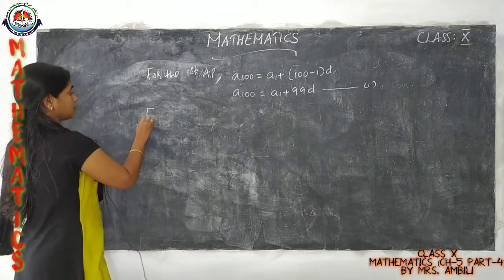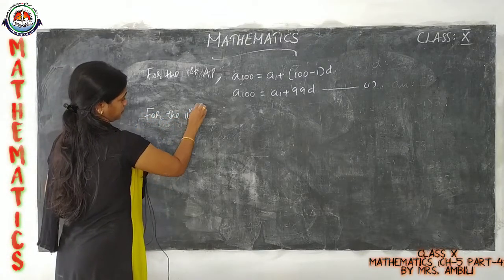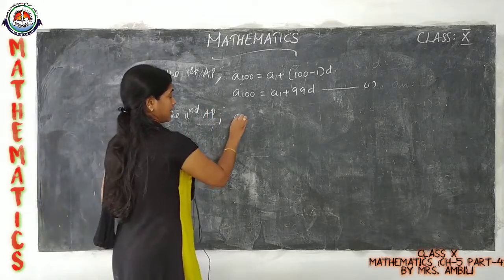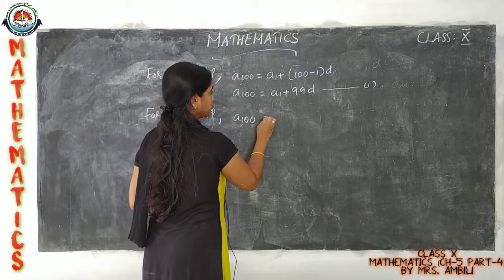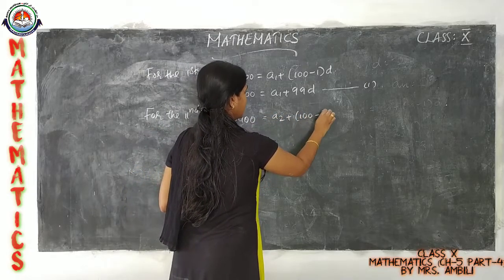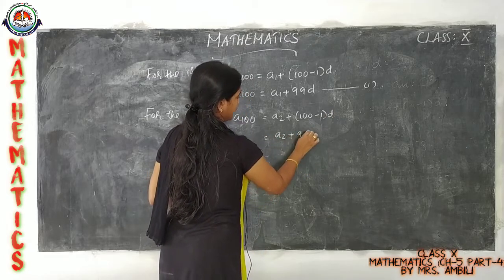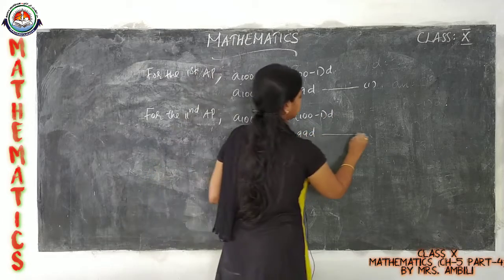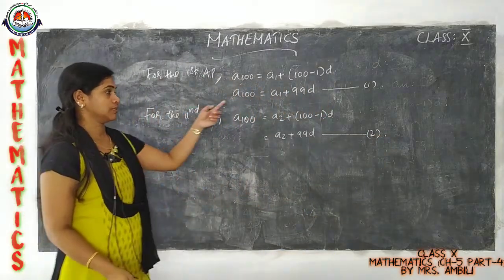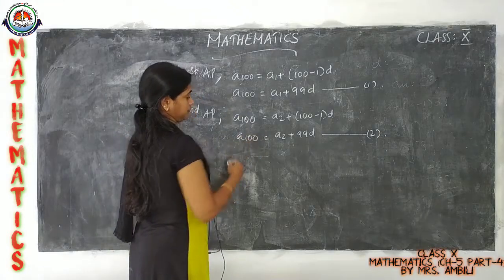Okay, next for the second AP. That is A100 equal to A2 plus (100 minus 1) into D. That we can write as A2 plus 99D. So now we got the first equation and the second equation.